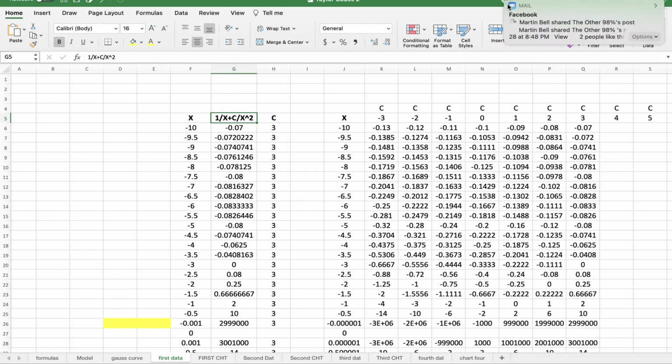And some of these curves change pretty drastically, especially where there's a discontinuity.